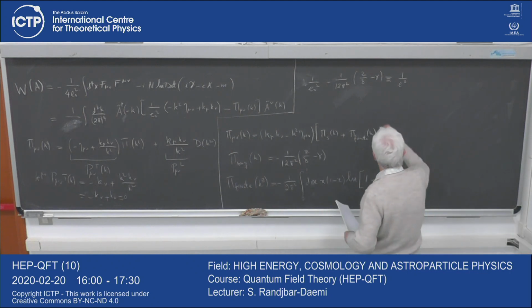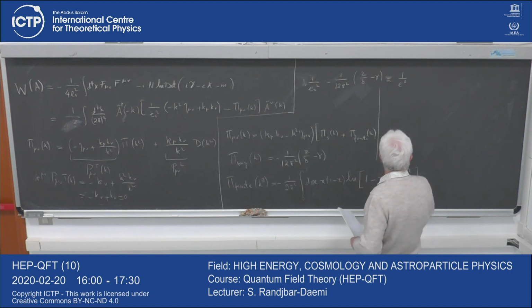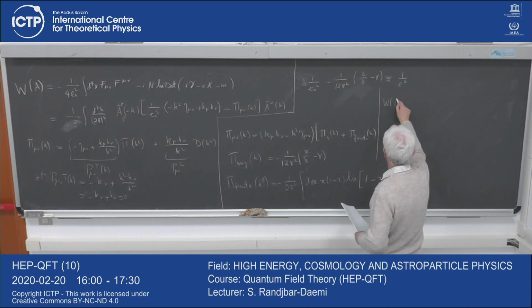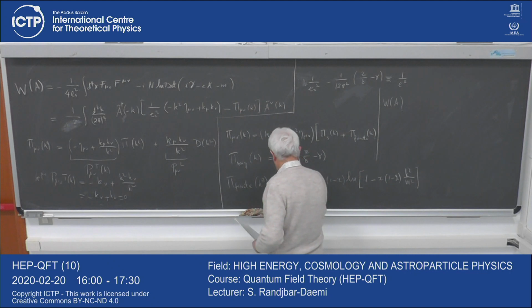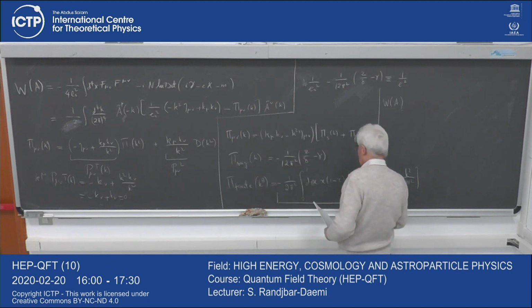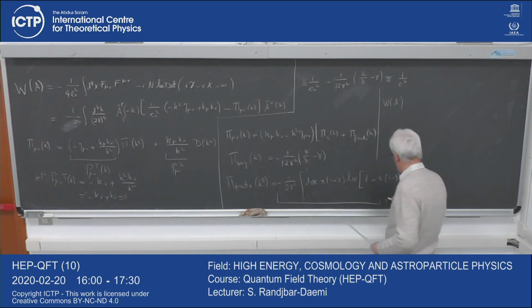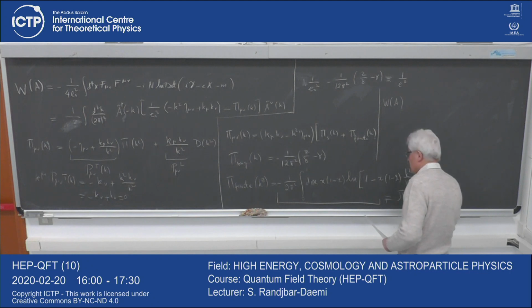And the whole thing we wrote as W of A. I think I also gave a name to this part, and we called it pi of k squared.